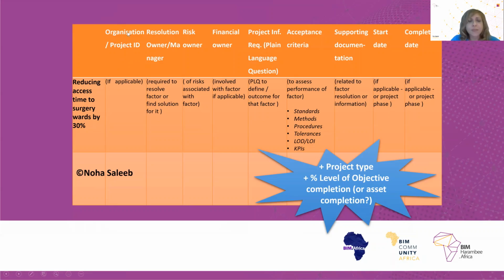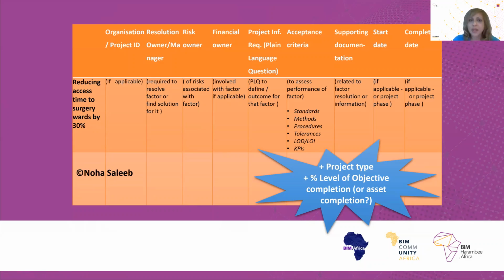So first of all, the organization ID, for example, and then who is responsible for dealing with that particular objective? Is it the designers? Is it the constructors? So basically, what are the appointed parties in each of these projects that need to handle that particular objective?